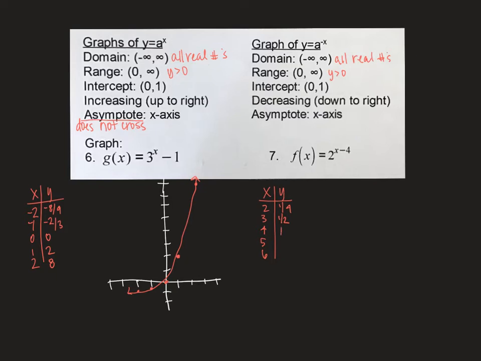5 minus 4 is 1. 2 to the first is 2. 6 minus 4 is 2. 2 squared is 4. So those are the points that I'm going to graph. So I'm just going to create my graph.